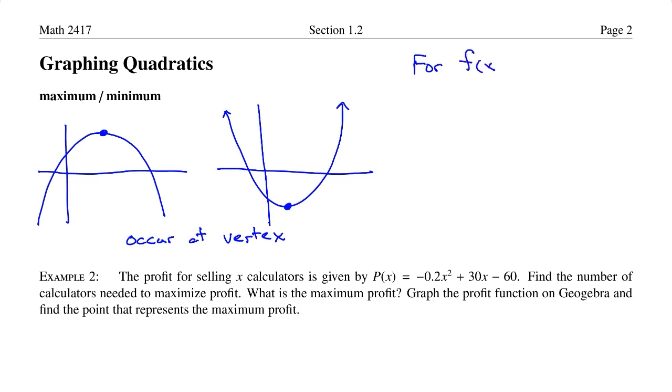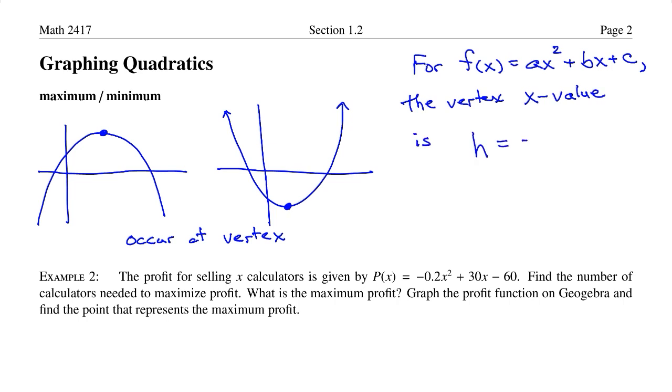For the function f of x is equal to ax squared plus bx plus c, that's just our general quadratic function, then the vertex x value is h, we call it h, is equal to negative b over 2a. So there's our formula. You need the a and the b to determine the x value of the vertex.